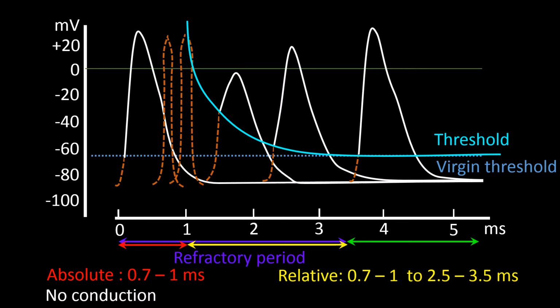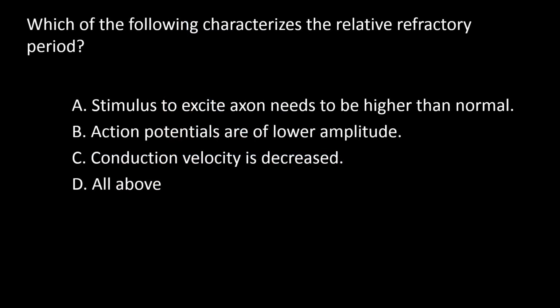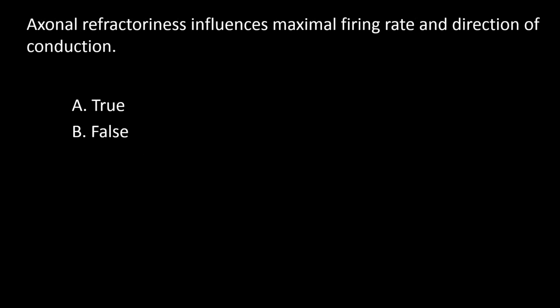It is also important to notice that during the absolute refractory period there is no conduction through the segment involved in the process, and that during the relative refractory period conduction through the patch of axon involved will be slow. So the answer to this question is D.